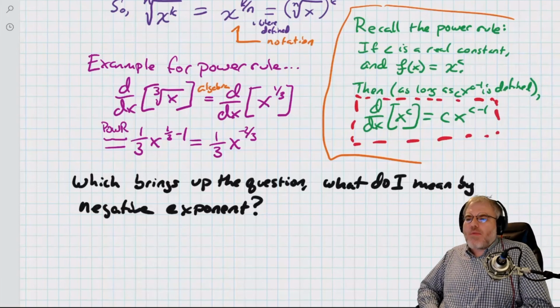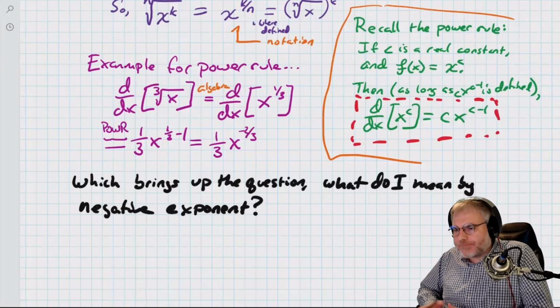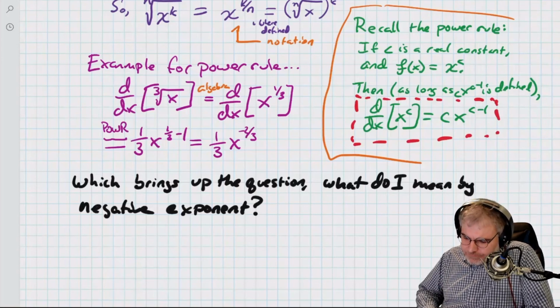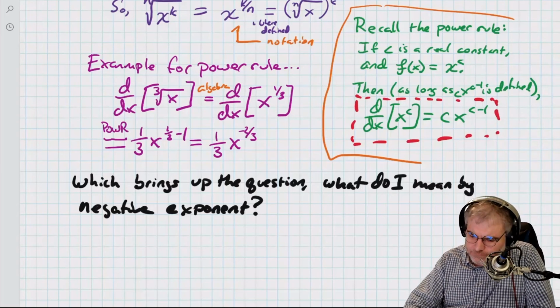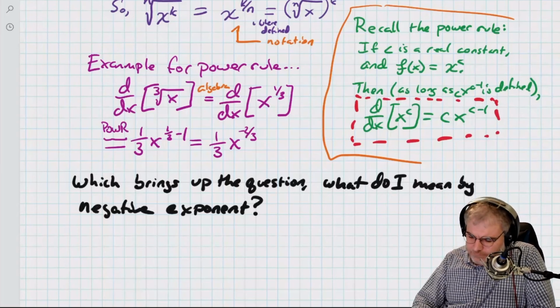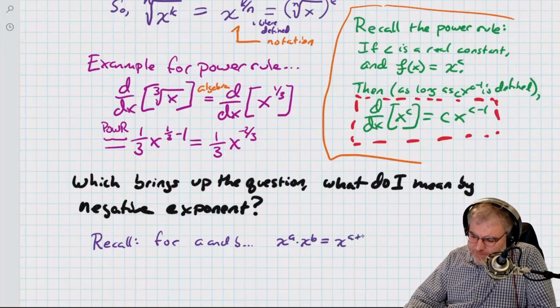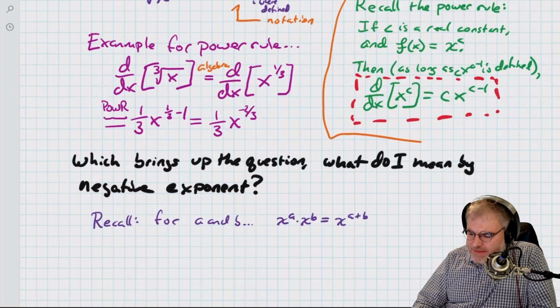Okay. Well, recall the following rule. x to the a times x to the b equals x to the a plus b. And if we think about this, it makes sense, right?